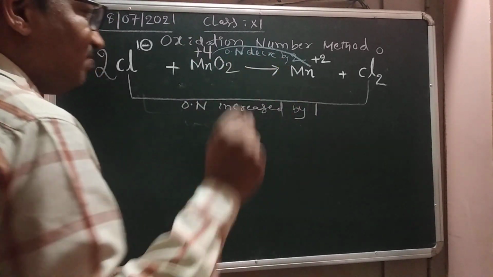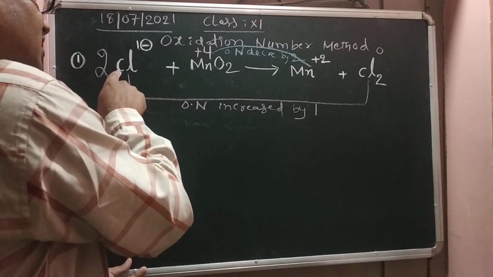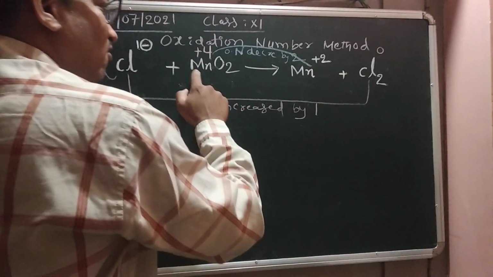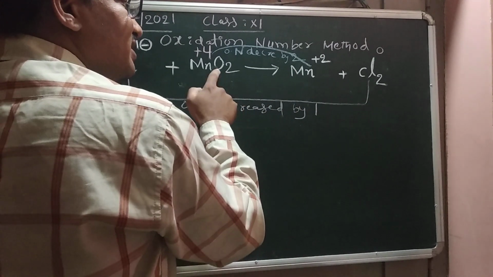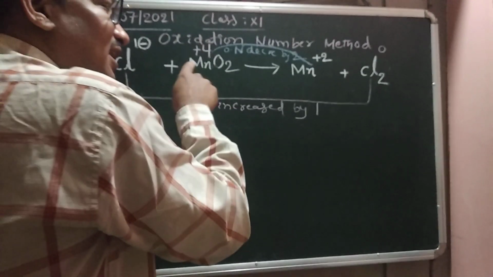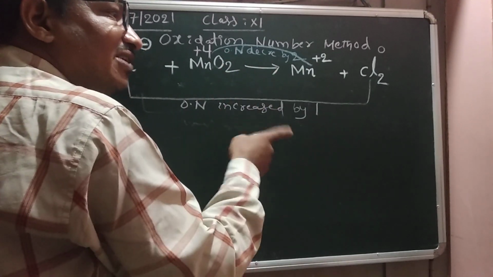They should be balanced: 2 Cl, Cl2, 1 Mn. The remaining elements are balanced other than hydrogen and oxygen.